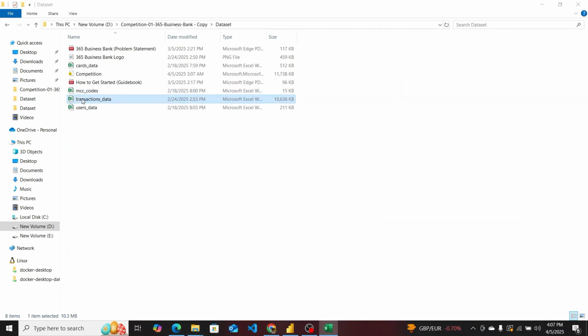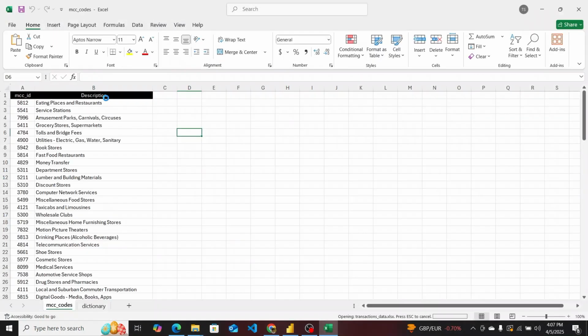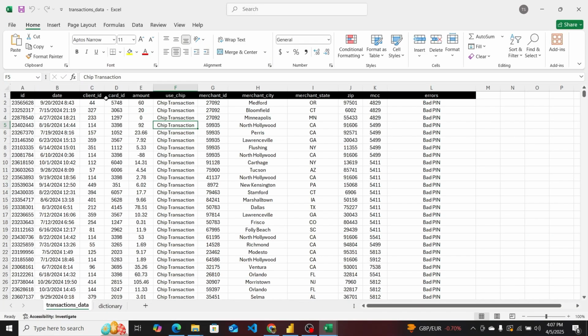This is the transactions data. Let's analyze the features of transaction data. It has the transaction ID, date of the transaction, client ID, card ID. Client ID and card ID are the foreign keys in transaction data.